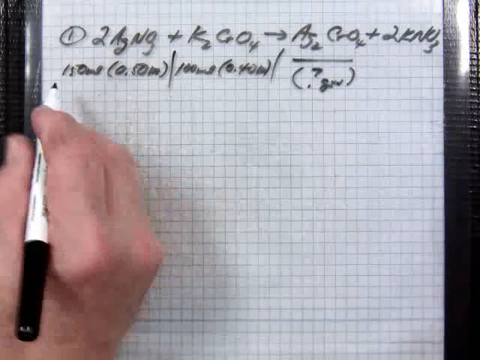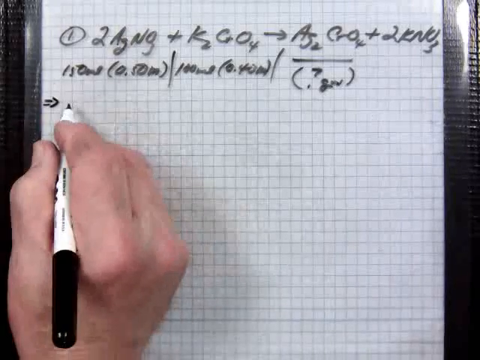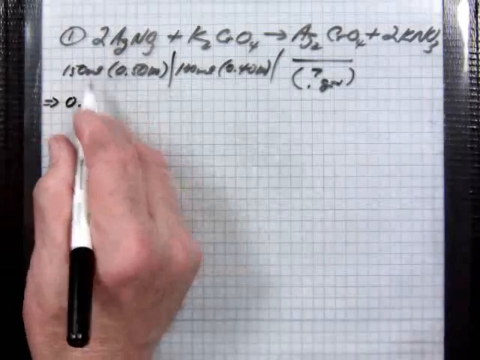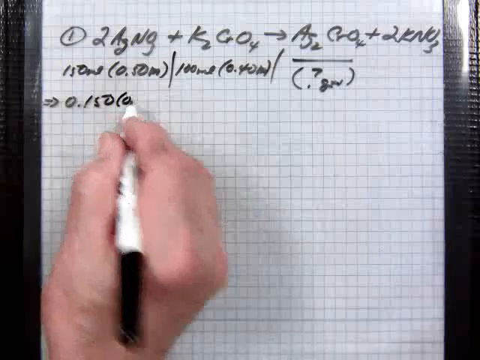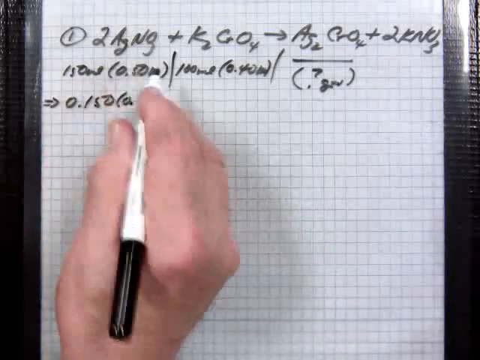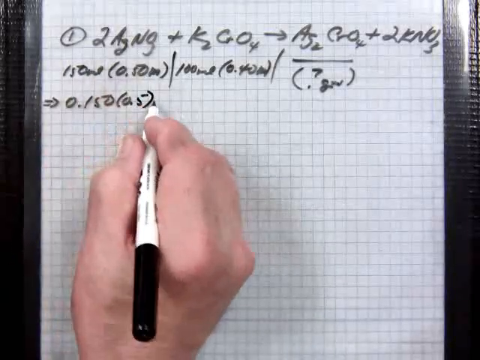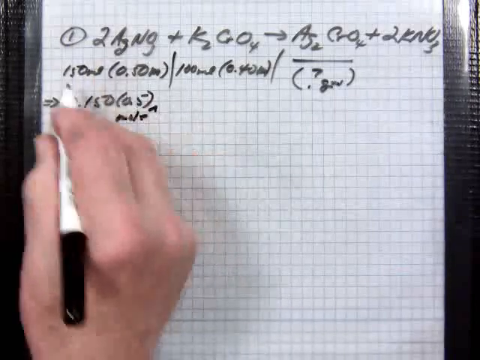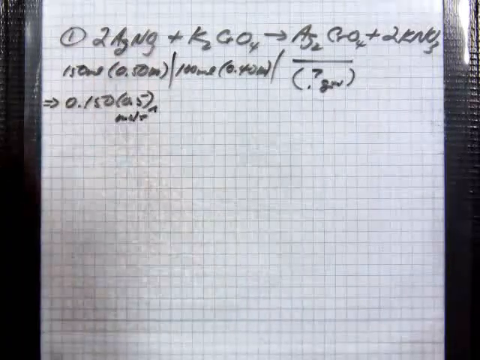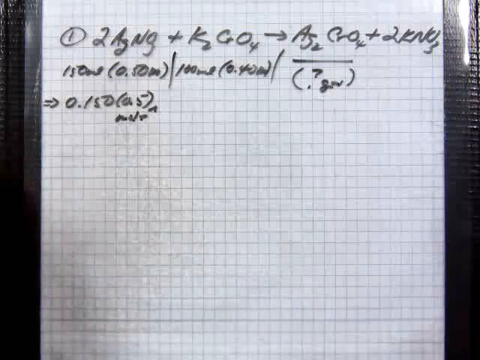Okay, so what I want to do is convert this to liters and get moles out of it. Liters right here, and then times 0.5 molar, and that gives me the moles. I'm just getting the moles first.